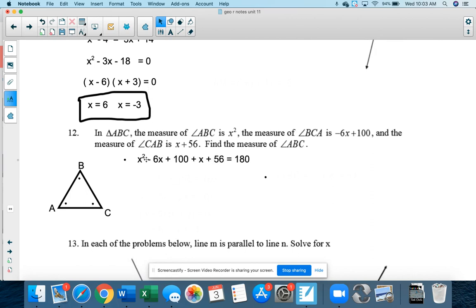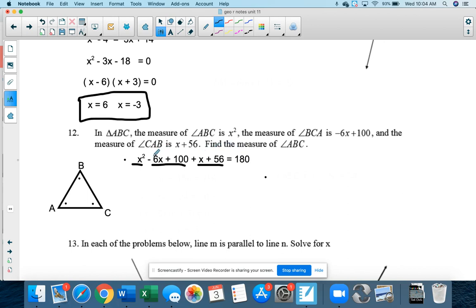So I'm going to take all of those angles, x squared, the negative 6x plus 100, and the x plus 56, and I'm going to add them and set them equal to 180. So here's one angle, here's two angles, here's the third angle, all three angles, and I add them and I set them equal to 180.